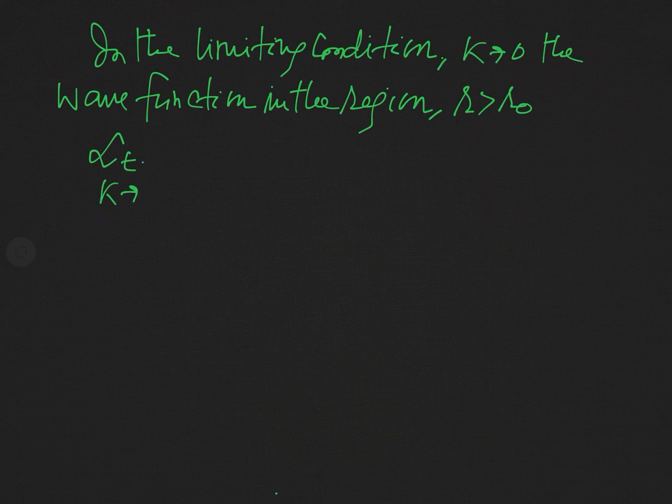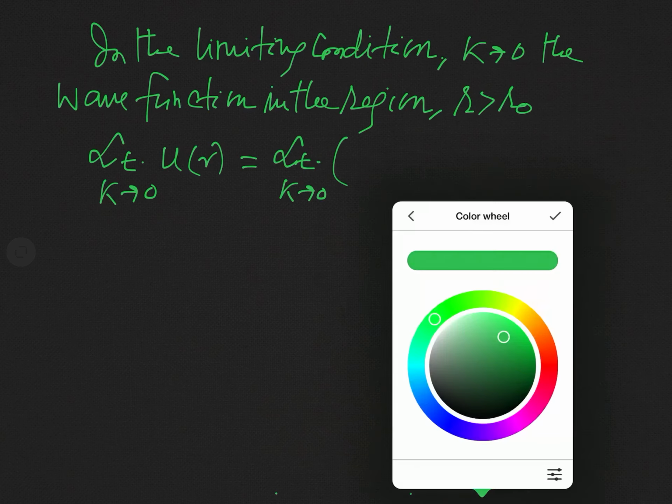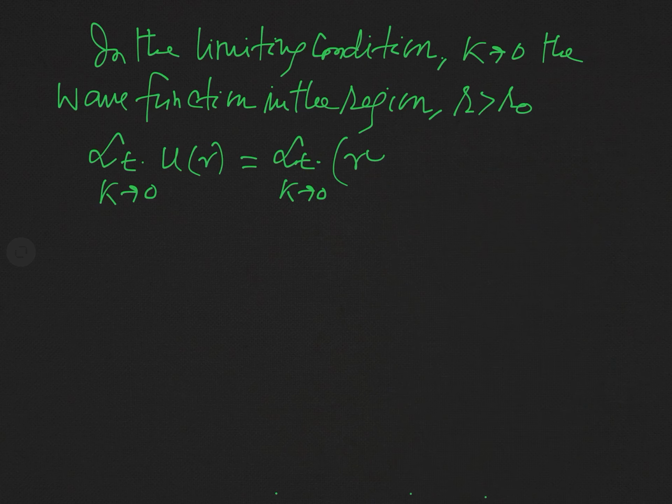What will be this? Let us write this: limit k tends to 0 of u of r, and this will be actually limit k tends to 0. You know this u of r is in fact r into psi naught.